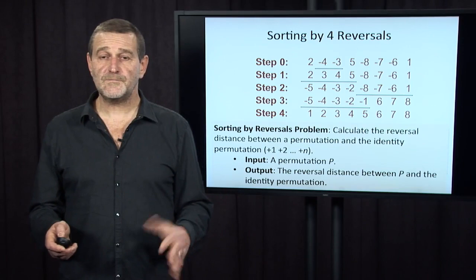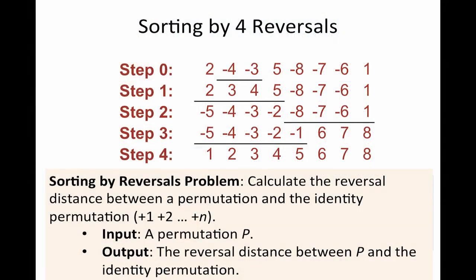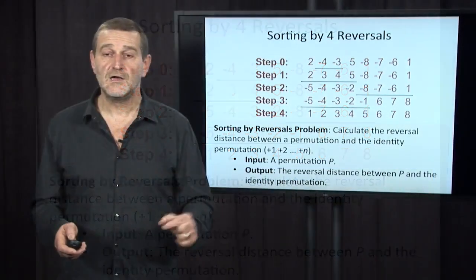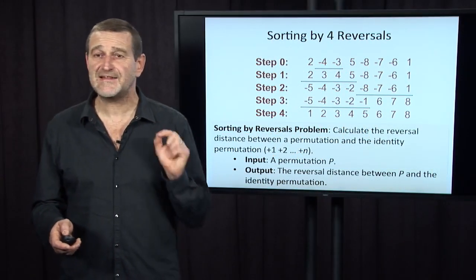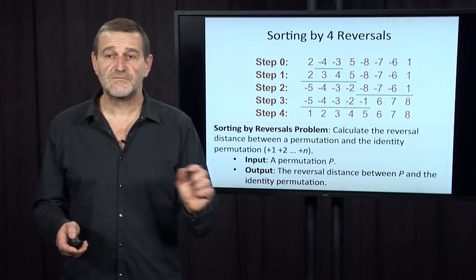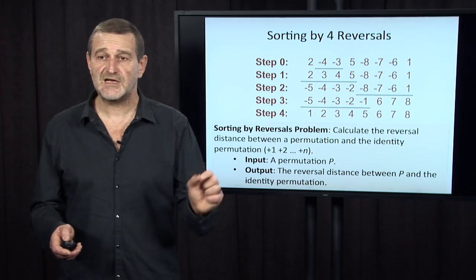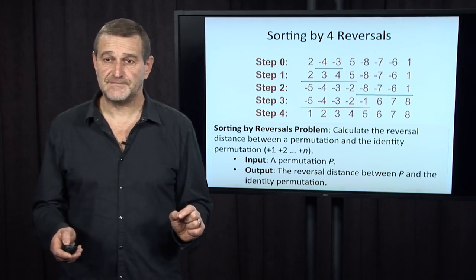We will also be talking about the sorting by reversals problem, which uses as input just a single permutation and asks for the reversal distance between this permutation and the identity permutation +1, +2, up to +n. Why identity permutations? Because we are at liberty to label the final permutation the way we want, and we will usually label it as +1, +2, +3, up to +n.